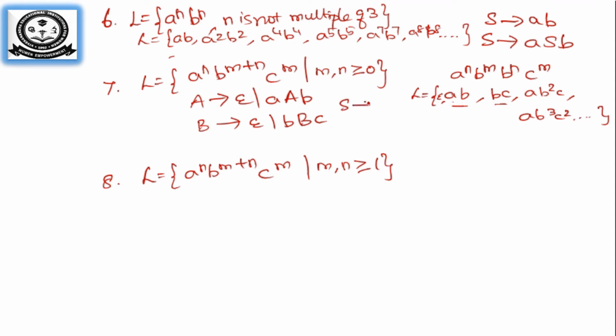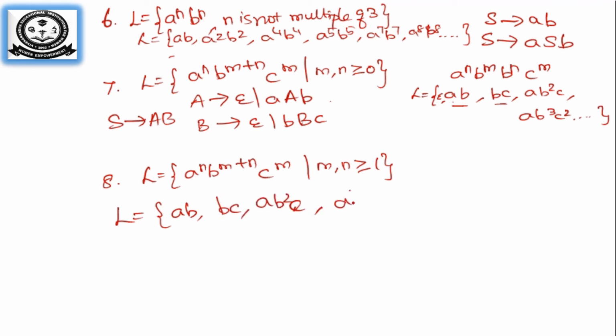So I will take my S is equal to AB. Here S is the starting symbol, so S is equal to A and B. Now if the same condition, when n is greater than or equal to 1, the language will be generated as ab, bc, then a^2 c, ab^3c^2, and it goes on.